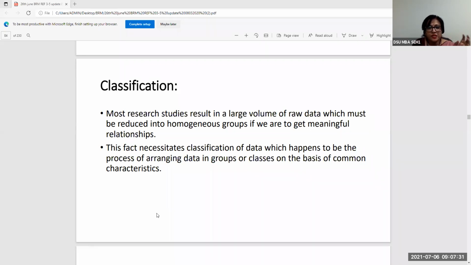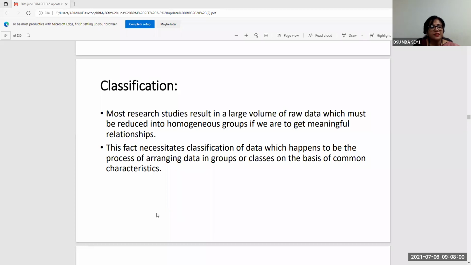So the next thing which is important after coding is to understand the classification. Most research studies result in a large volume of raw data, which must be reduced into certain common groups or homogeneous groups in order to get some meaningful relationships out of it. So classification is very much essential because you need to understand how you can classify different groups of responses that you've received in the raw data.